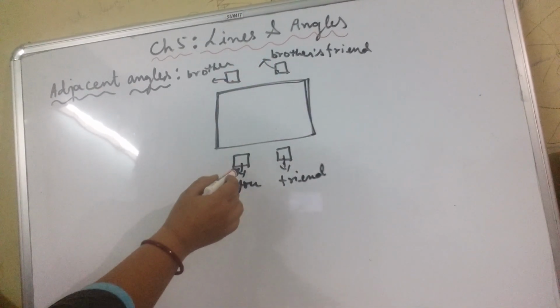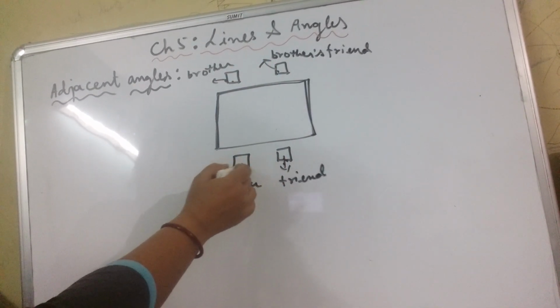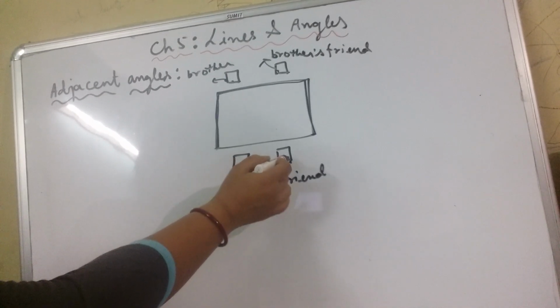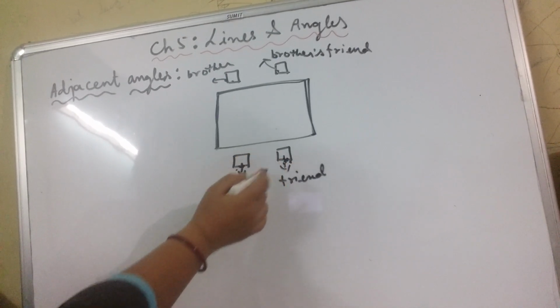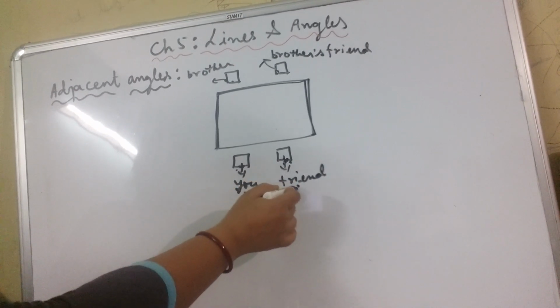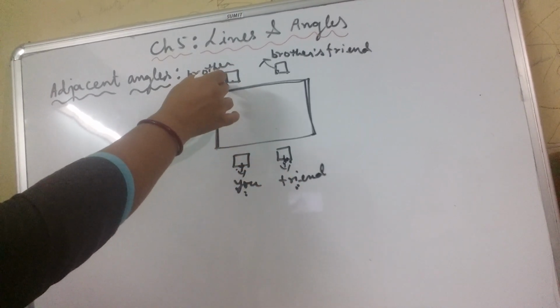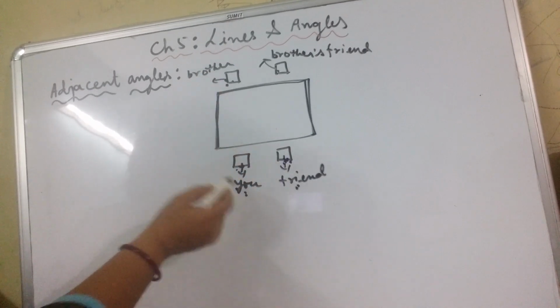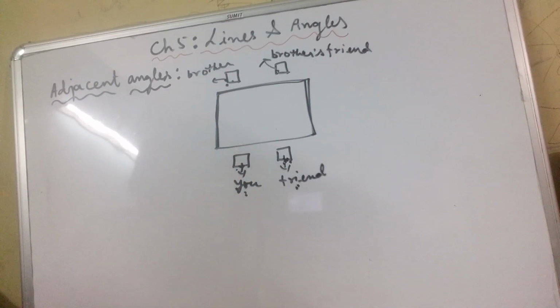Now you and your friend are sitting side by side, so you and your friend are adjacent to each other, but your brother is opposite to you. So I think it's now clear what we mean by adjacent.